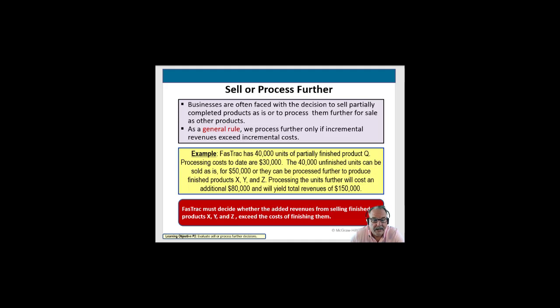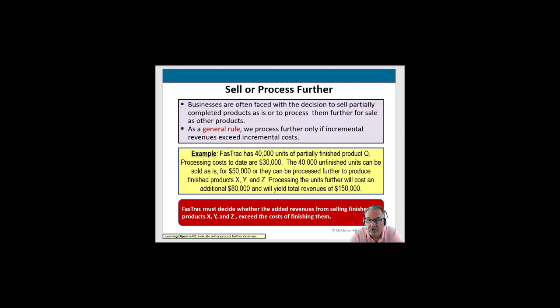We could also have a sell or process further type of decision. One example that I use is if we had an apple orchard or a farm where you produce apples, and we sell the apples as whole apples to grocery stores to sell to their customers.